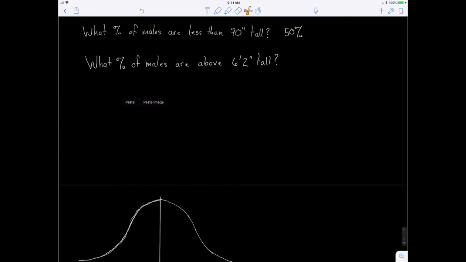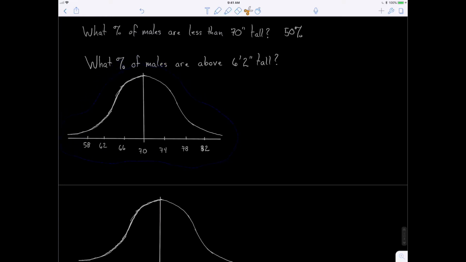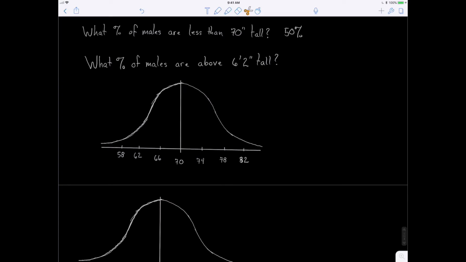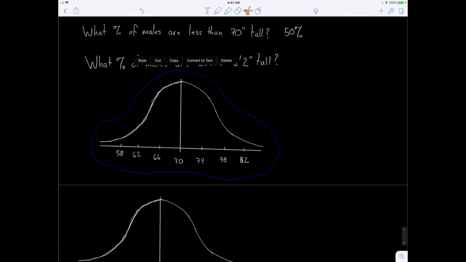Okay, so I'm going to paste that, bring it down, and we'll put it right about there. Now, when we work on this one, notice that we don't have 6 feet 2 inches in here. So the first thing we need to do is take that 6 feet and multiply it by 12 inches for every 1 foot.